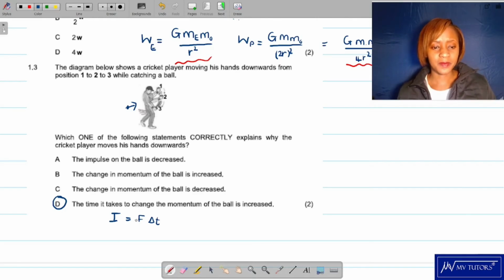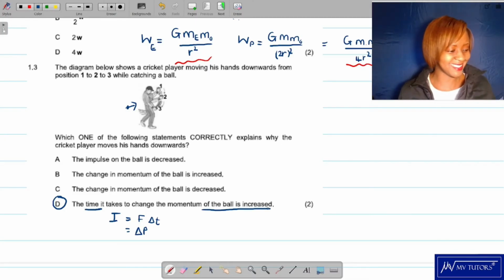So yeah, an impulse is actually the change in momentum. So the time it takes to change the momentum of the ball is increased. It really is about increasing the time, guys, or else we're talking injuries here.